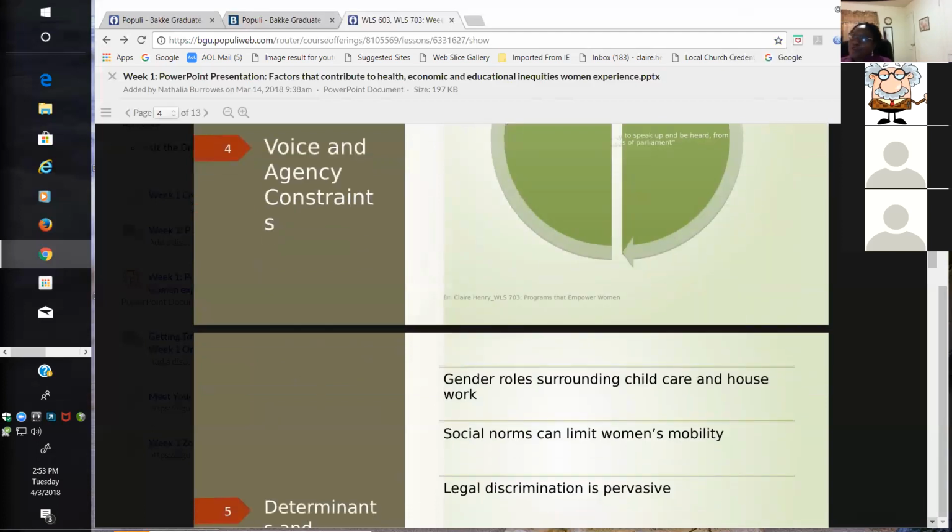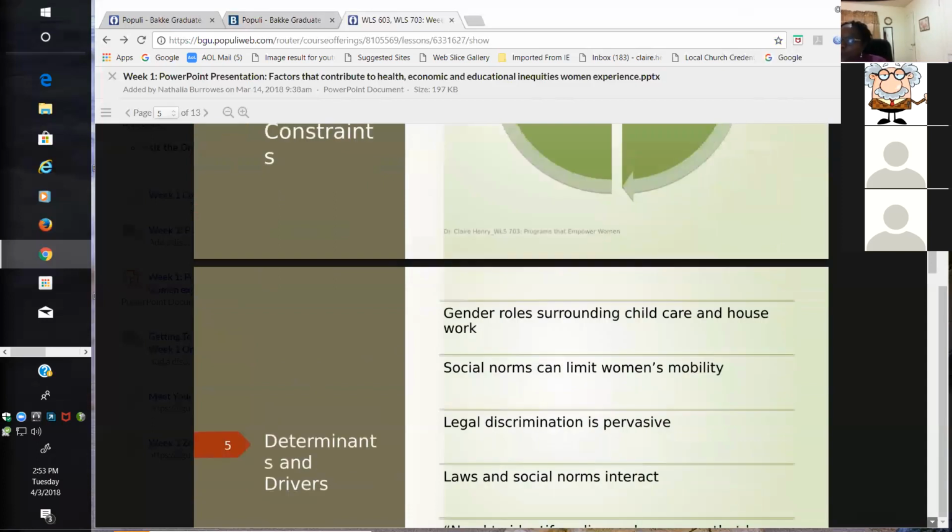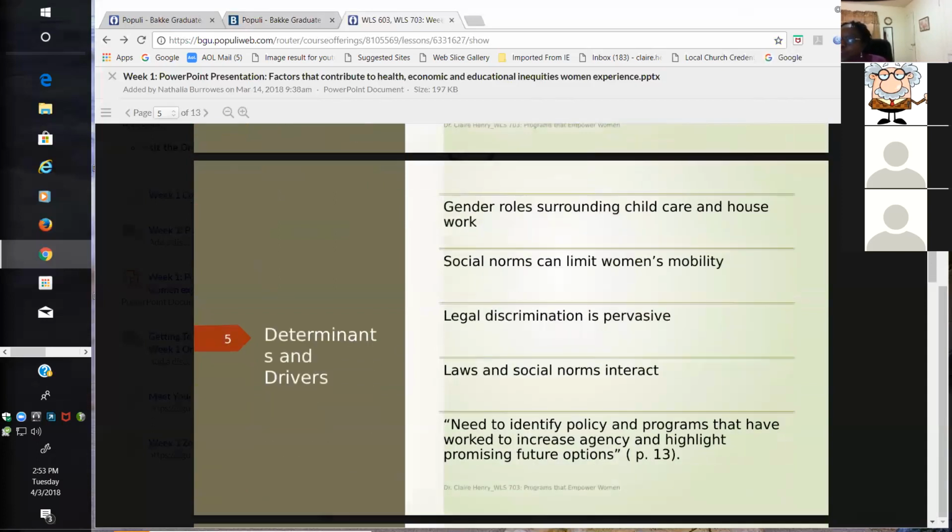Gender roles surrounding childcare and housework, social norms that can limit women's mobility. Then there's the question of legal discrimination, and there are laws and social norms that interact to impede women's empowerment.